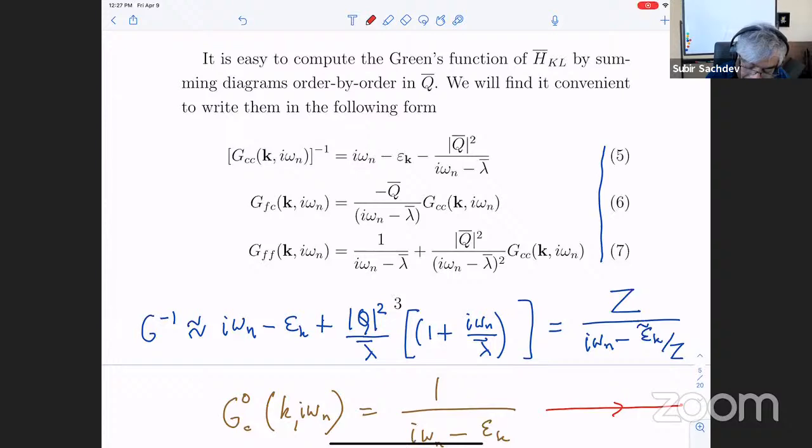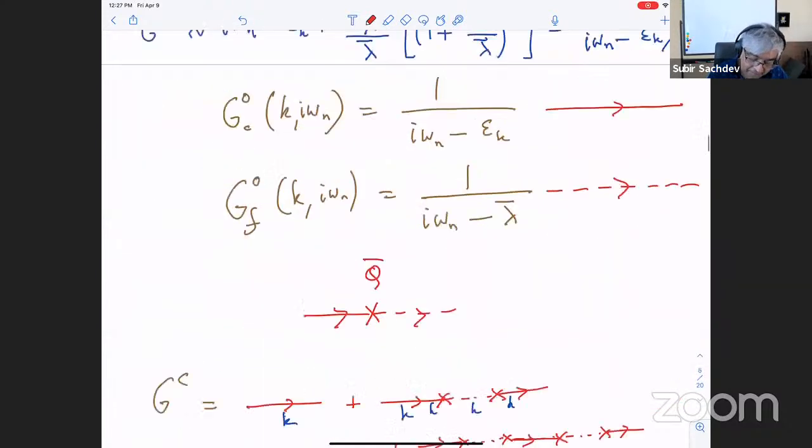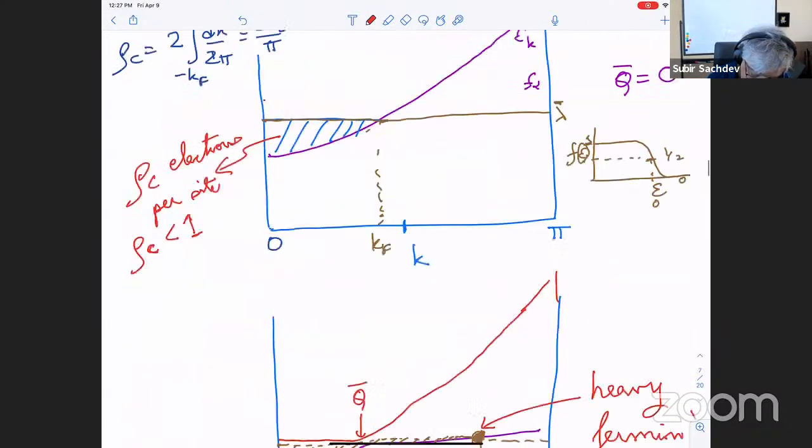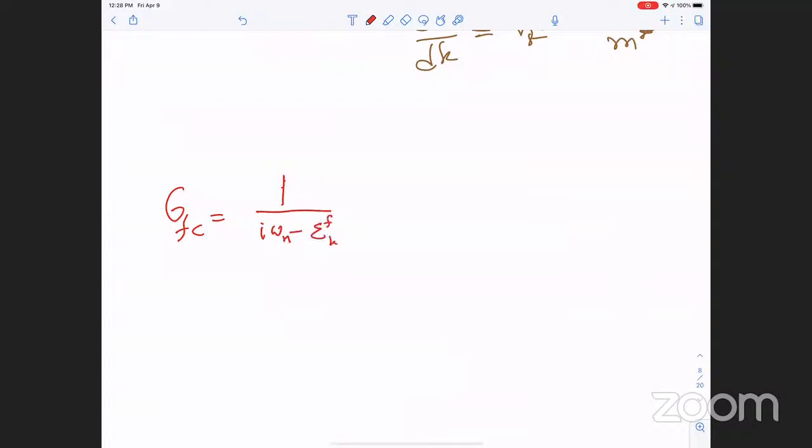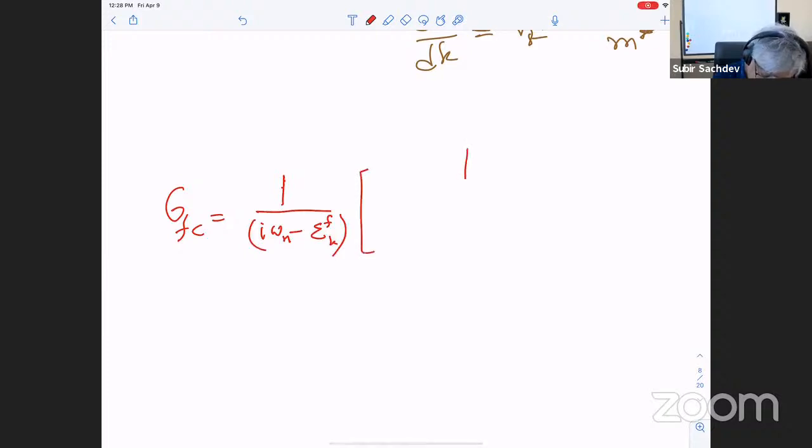But now this has a dispersion, which is epsilon K. So what you find is that G_FC is minus the F propagator, with epsilon_FK, times the G that goes from F to F, and then F to C, sorry, and then CC.